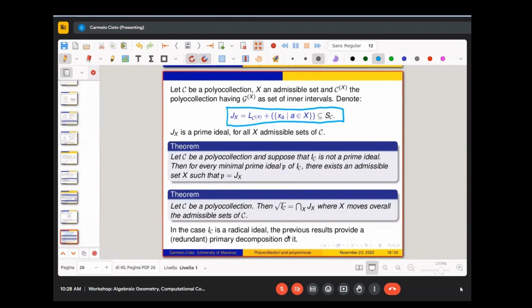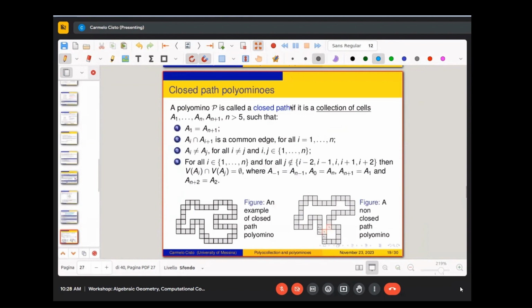So in order to have some insight to go ahead on this question, we focus on the study of a specific collection of sets that I introduce now. This is the class of closed path polyominoes.